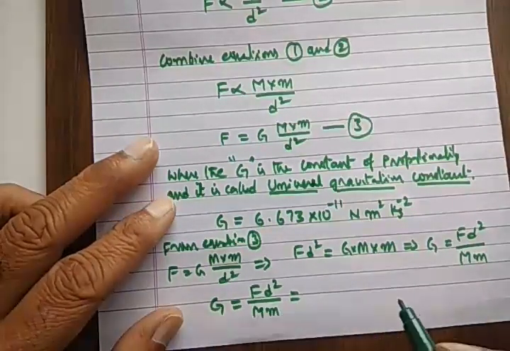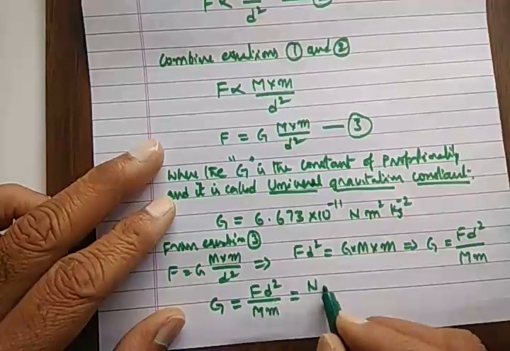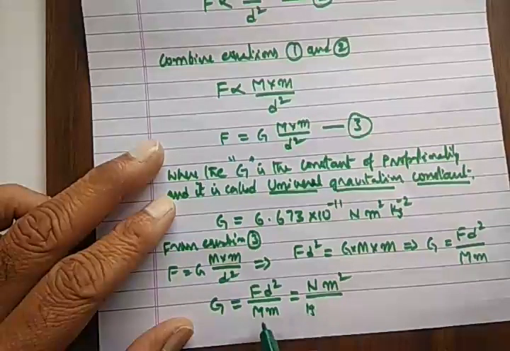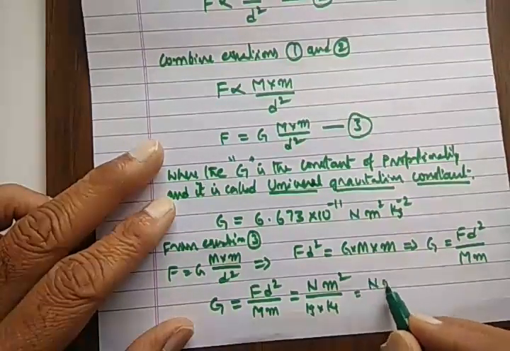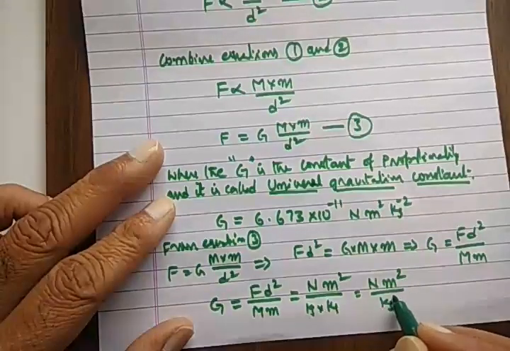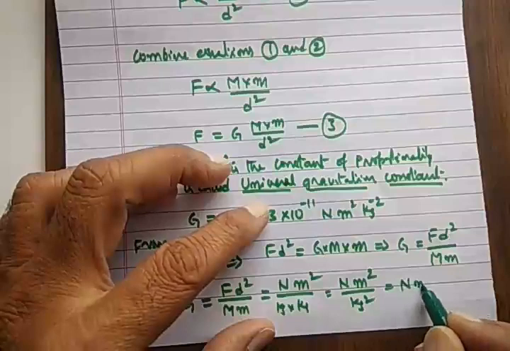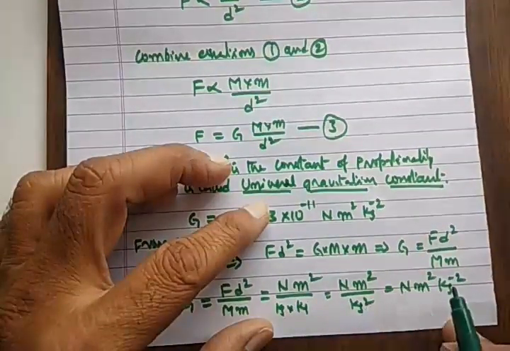Let us write the units of it. Force is in newtons, distance is in meter square, and mass is in kgs, kg into kg. That is Newton meter square by kg square. So that is nothing but Newton meter square kg to the power of minus 2.